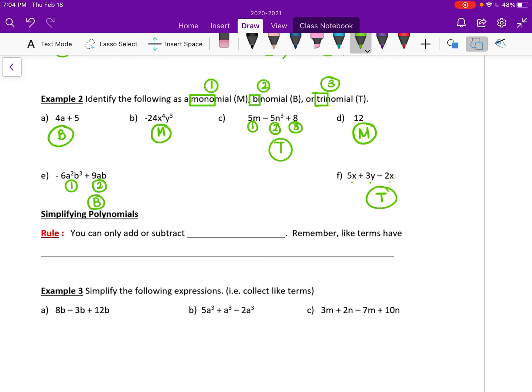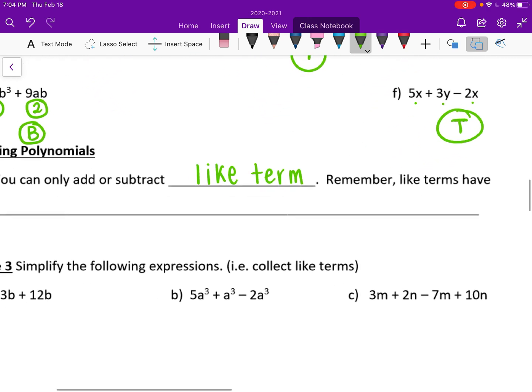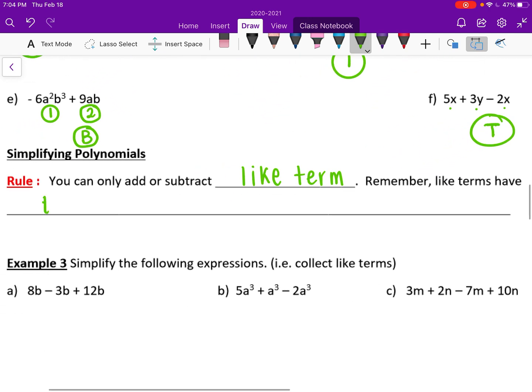Okay? As a rule, when we are simplifying polynomials, what we need to remember, you can only add or subtract like terms. So you can only add or subtract something that has the same exponent. So remember, like terms have the same exponents and the same variables.